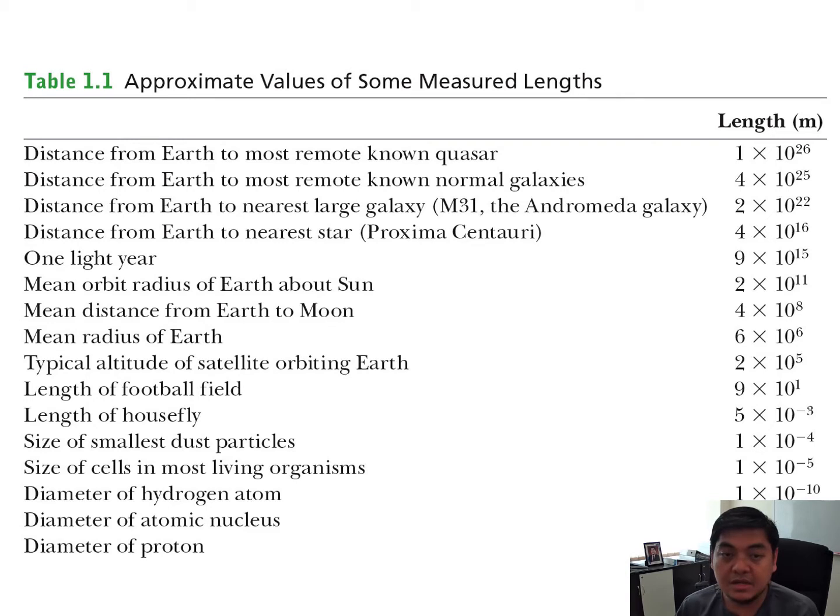So these values are not really accurate, because what we call them is approximations only. You can see here the diameter of a proton, the diameter of an atomic nucleus is very small. Sangat kecil. Jadi macam mana kita nak approximate that value when it comes to an object that is really small.